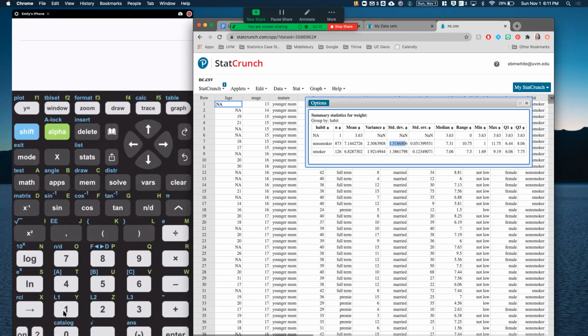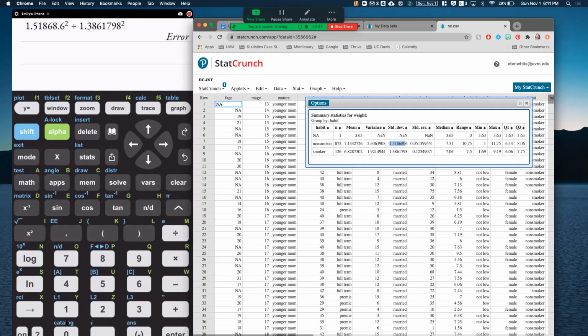So if I do 1.5186806 and then square it. So that's my standard deviation from the first group divided by 1.3861798 and then square it. Okay, that's going to give me an error. Perfect. Love it.